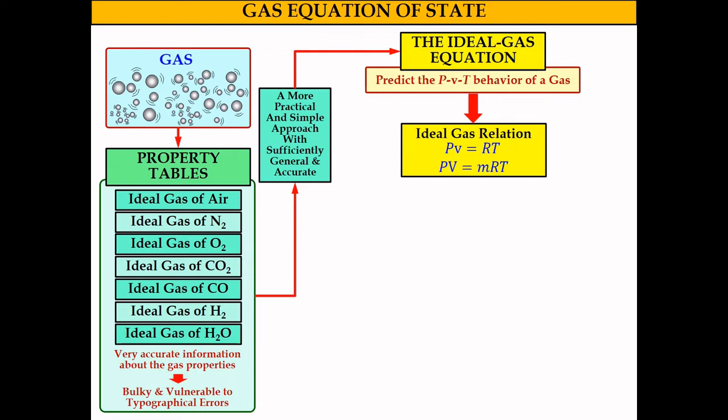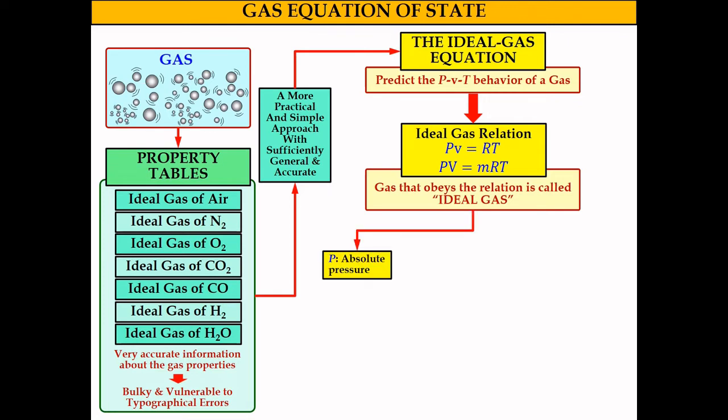We have another similar equation, PV, now with capital V, where P is pressure, V is volume, equal to mRT, where small m is gas mass, R is gas constant, and T is the temperature. Any gas that obeys the relationship Pv equal to RT or PV equal to mRT is called an ideal gas.